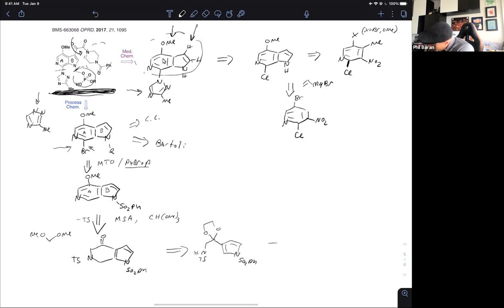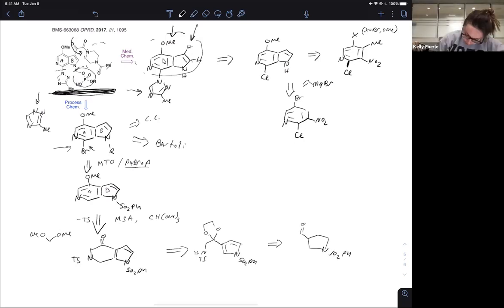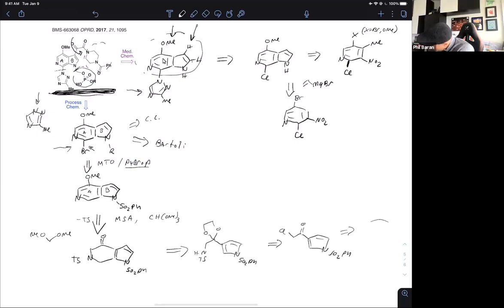And now all we need to do is start with that, which then comes, as we learned in lecture number 2, comes from that. Friedel-Crafts taking place selectively here with the corresponding acid chloride gets us to here.